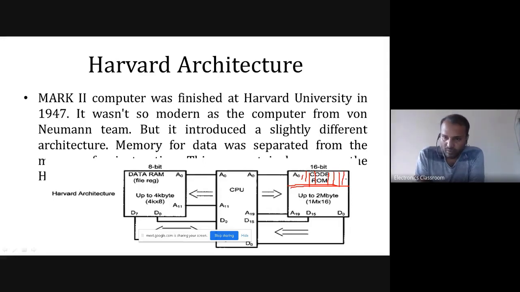So this code will take some bytes of memory, and the remaining memory will be left unused. Just assume that we have written code of 1 kilobyte. So the rest of the bytes are unused.